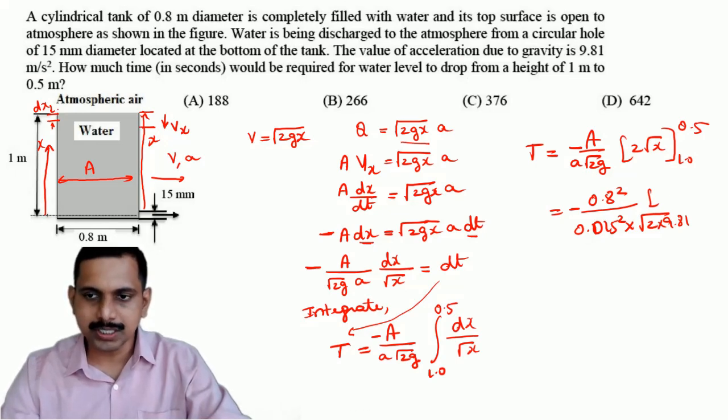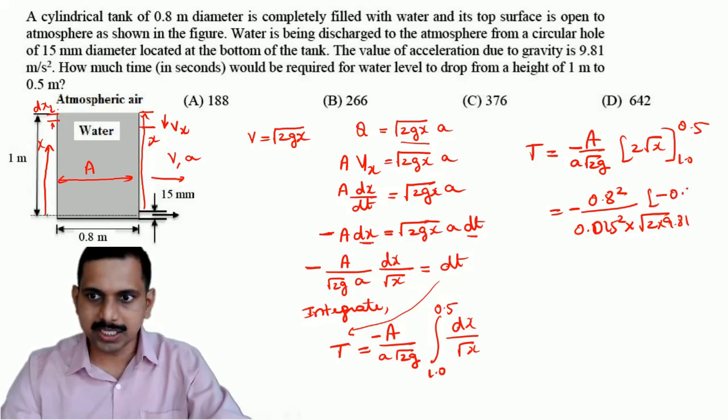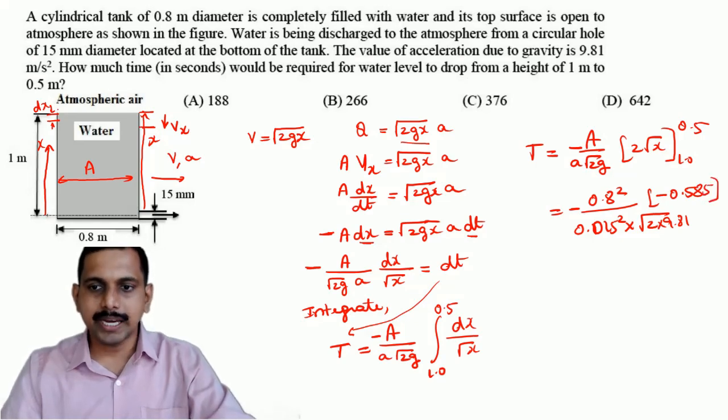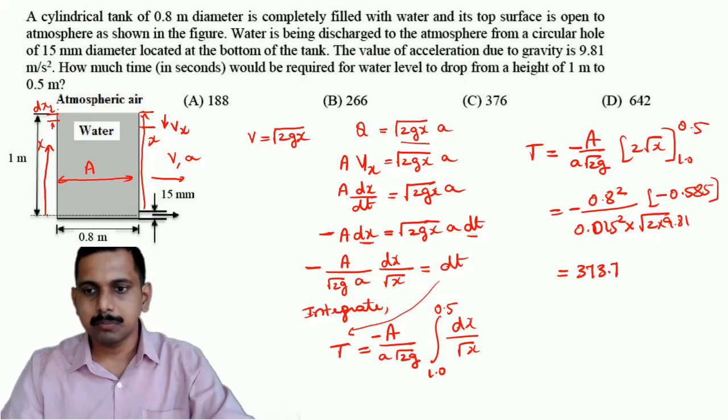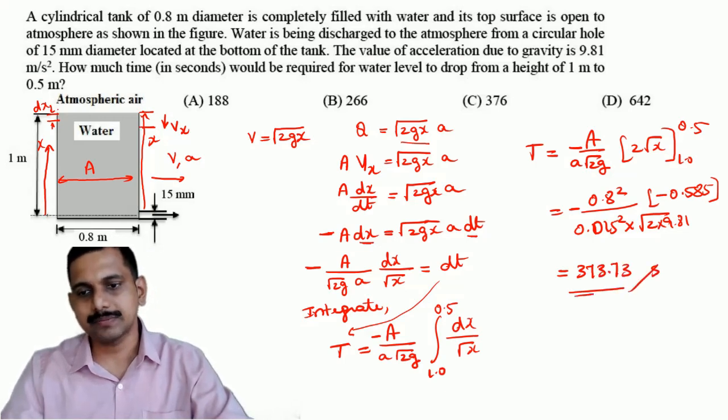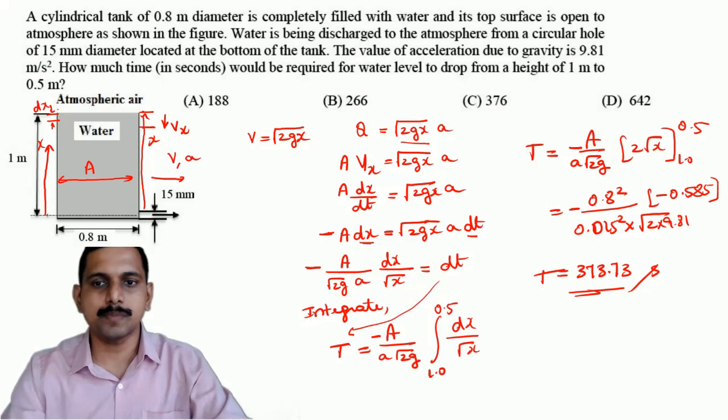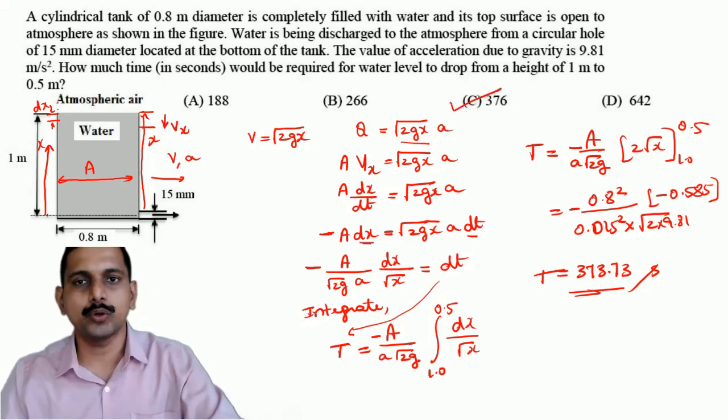We can substitute this, and when I get that I will write it directly. So I got the answer as minus 0.585, and when I solved this, I got the answer as 373.73 seconds. So the answer which is closest is C.